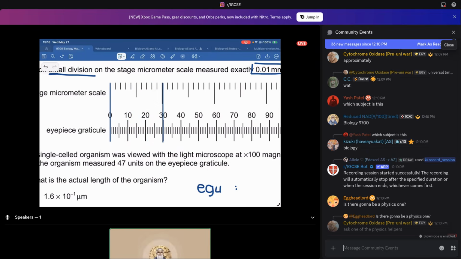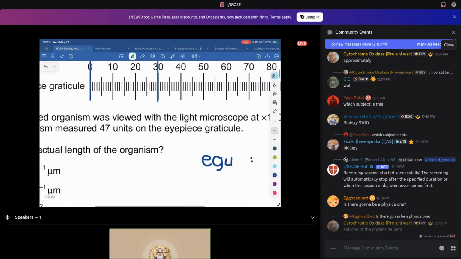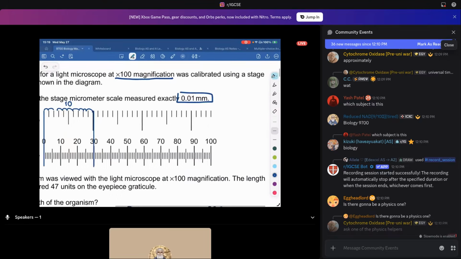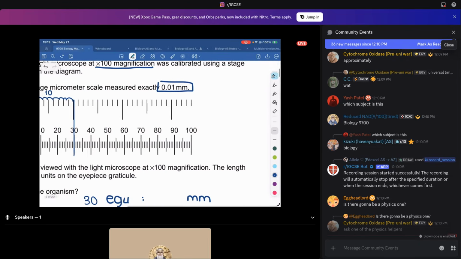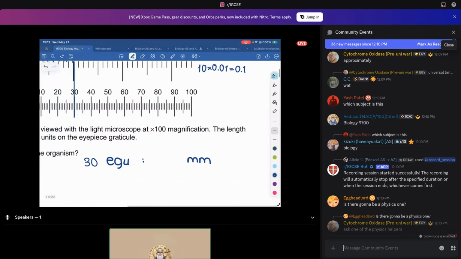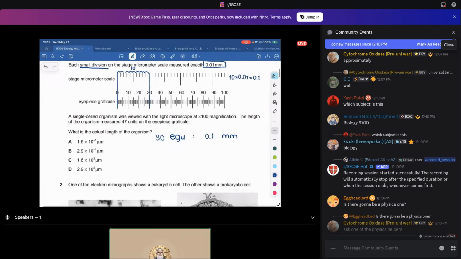I find some place where it lines up as close to perfectly as possible. Here we have 30 eyepiece graticule units, and 1, 2, 3, 4, 5, 6, 7, 8, 9, 10 divisions. 10 times 0.01 would be 0.1. So 30 eyepiece graticule units is 0.1 millimeters.